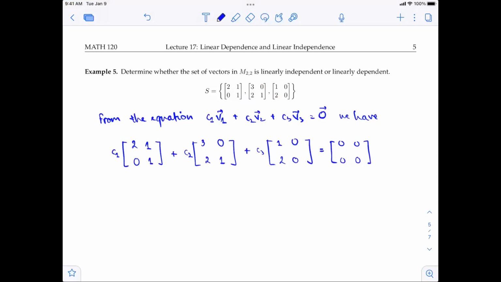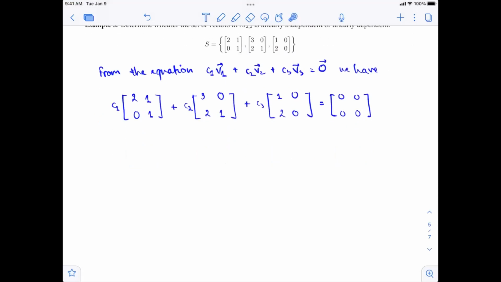Okay. Now from here, we're going to obtain a system of linear equations. We consider the equations component-wise. So 2C1 plus 3C2 plus C3 equal to 0.